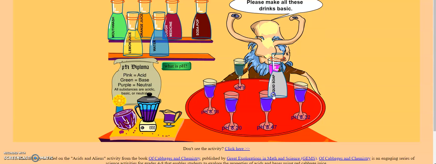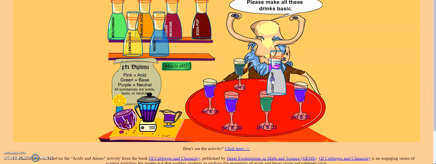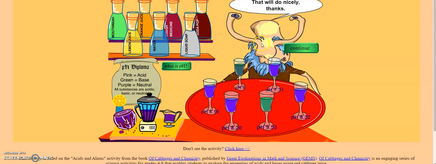All right, and then we're going to change the pH in this glass in the back to raise it from 4 to at least 8. And once we've got them all basic, at least above 7, we have completed the task.